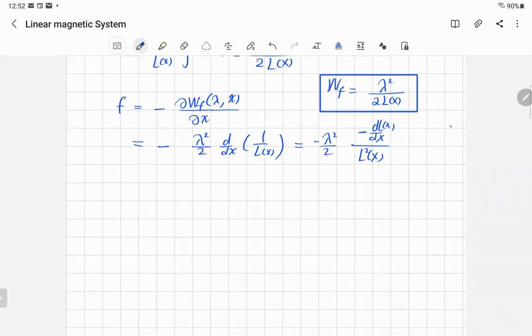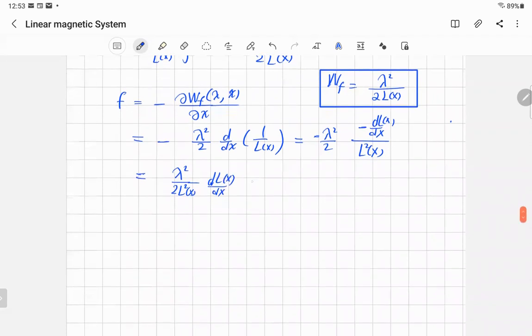Now we got this formula, let's make it a little bit cleaner. Negative times negative is equal to positive, and you have lambda squared over 2L squared multiplied by dL by dx. It's very interesting because of lambda squared and L squared on the bottom, so you can say 1/2 (lambda over L) all squared dL by dx.